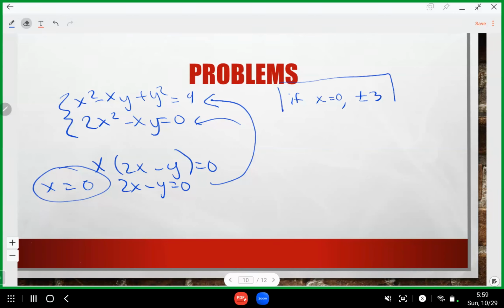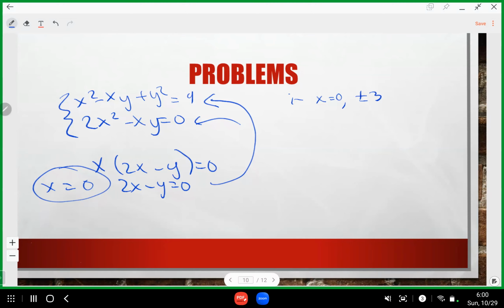So I think this is, well, not necessarily actually. Let's check this again. We got 0 plus or minus 3 and then something else. So when, this is difficult, isn't it?